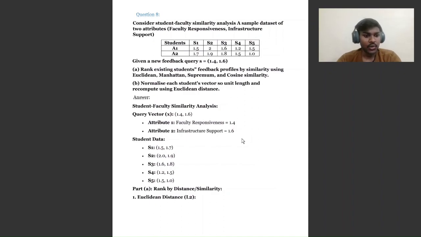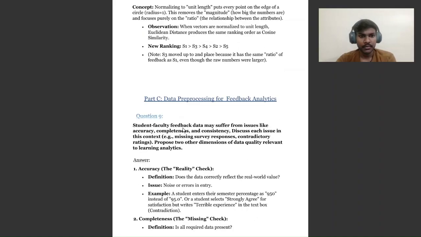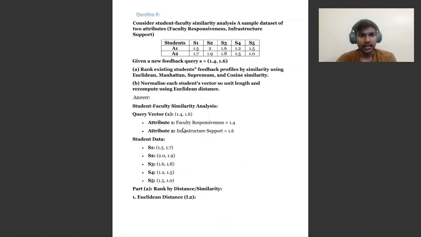Cosine similarity closer to 1 is more similar. And here the ranking is S1, S3, S4, S2, and S5. Now coming to part B, which is normalizing to unit length, where all vectors are normalized to unit length, magnitude differences are removed.